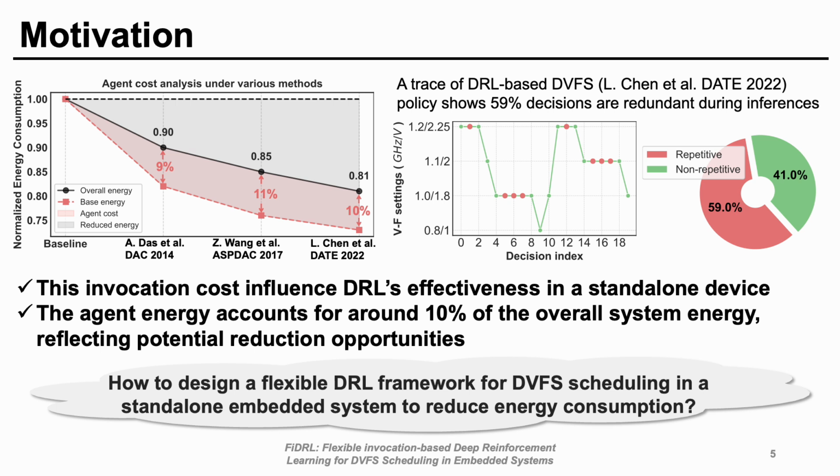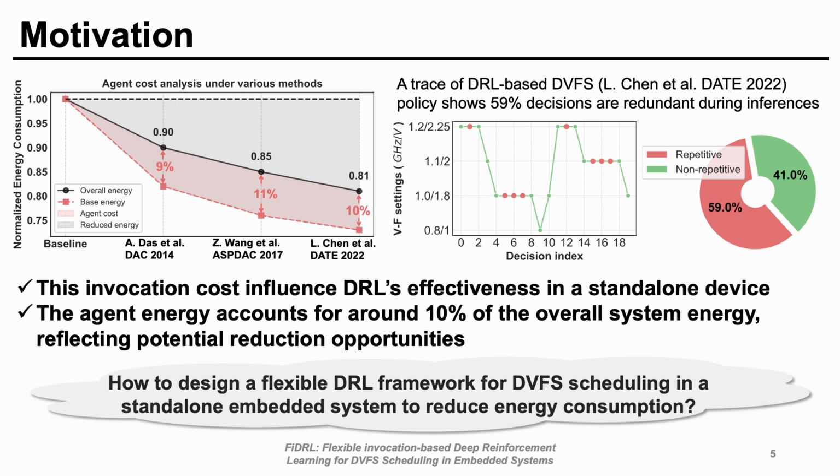This phenomenon shows the invocation cost influences the effectiveness of DRL and has potential reduction opportunities. The right one is an example decision sequence in DVFS scheduling. The red points are the same decision, which is made by the agent, and the cost such as the network inference energy happens in the system.